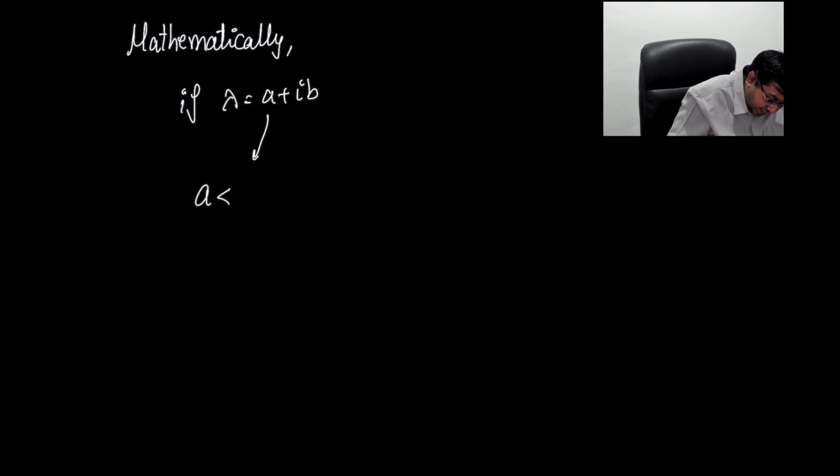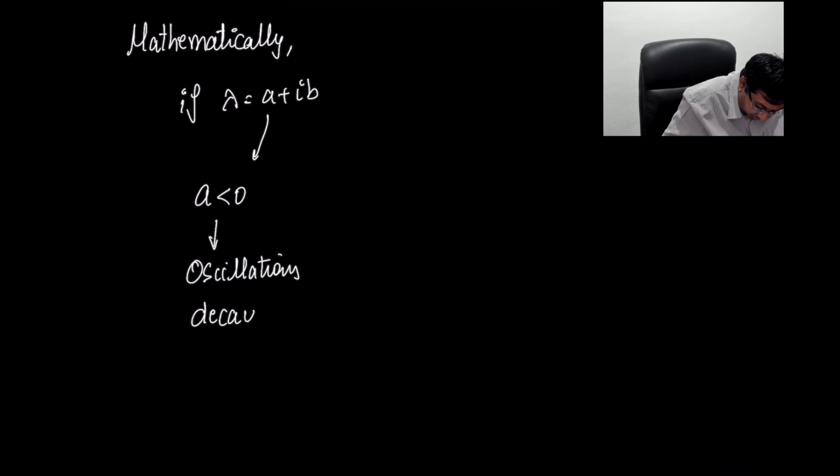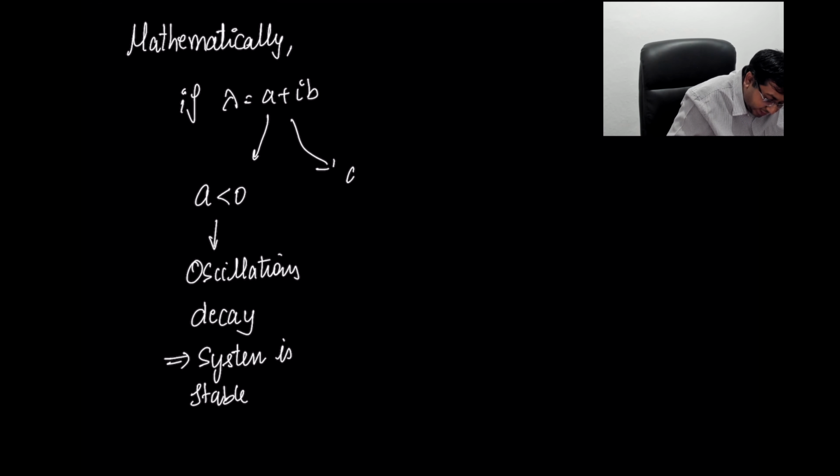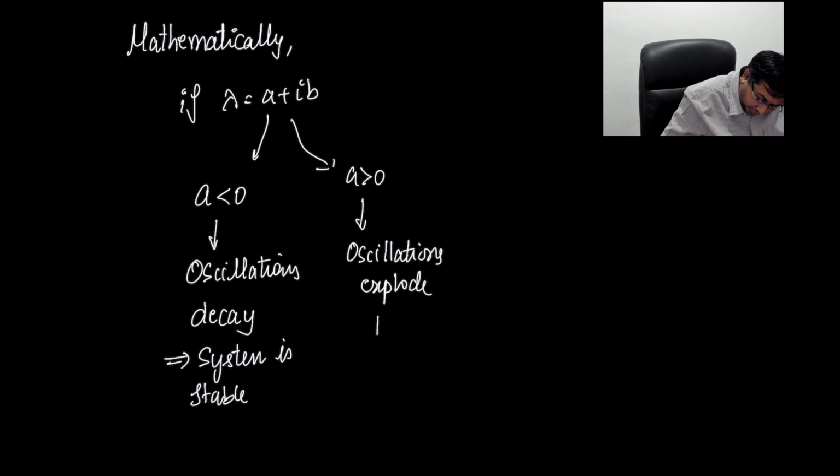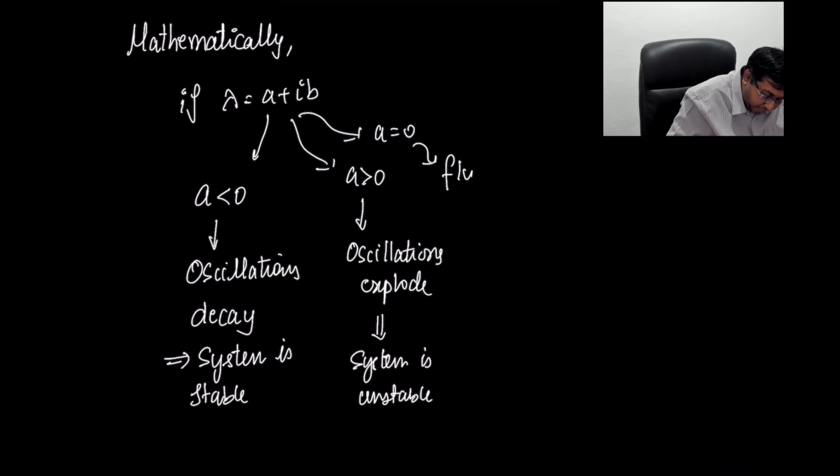So when a is less than 0, oscillations decay, right, which implies the system is stable. When a is greater than 0, oscillations explode, which implies the system is unstable. And if this a is equal to 0, that's your flutter boundary.